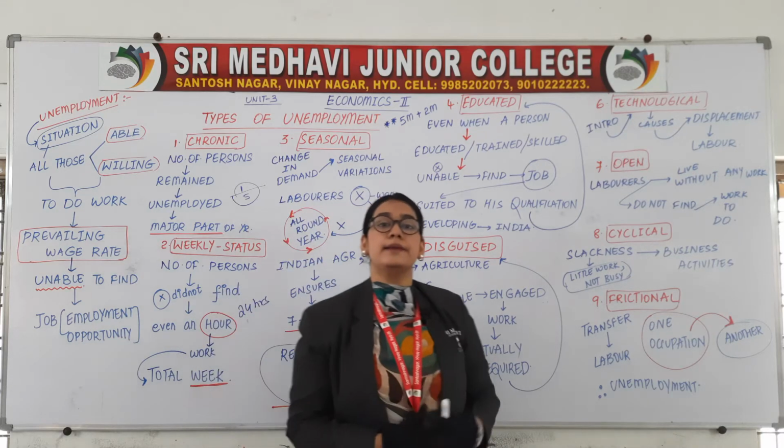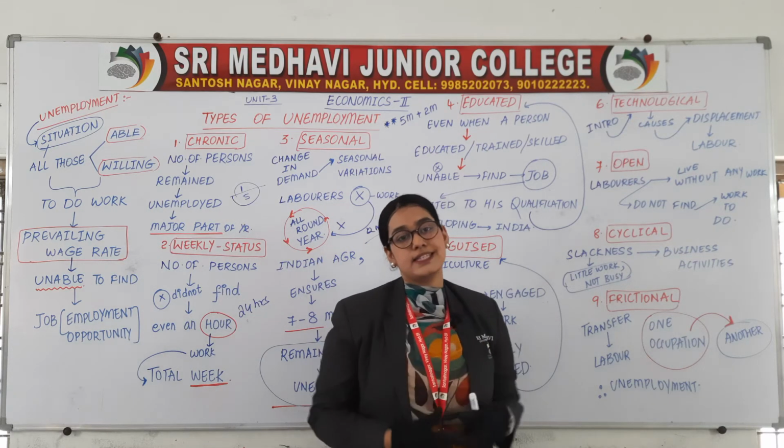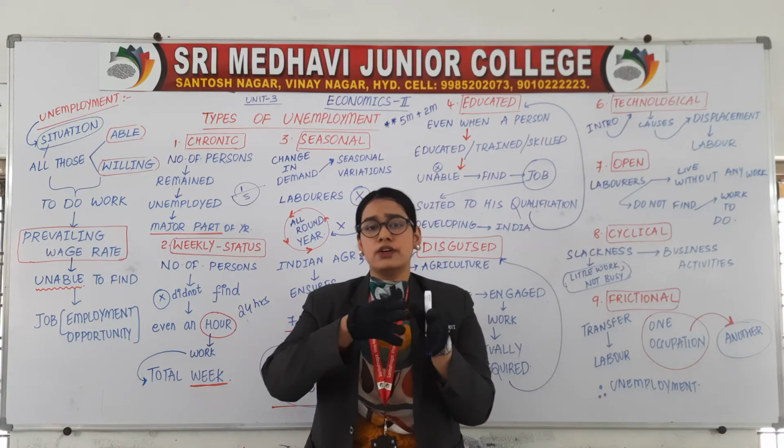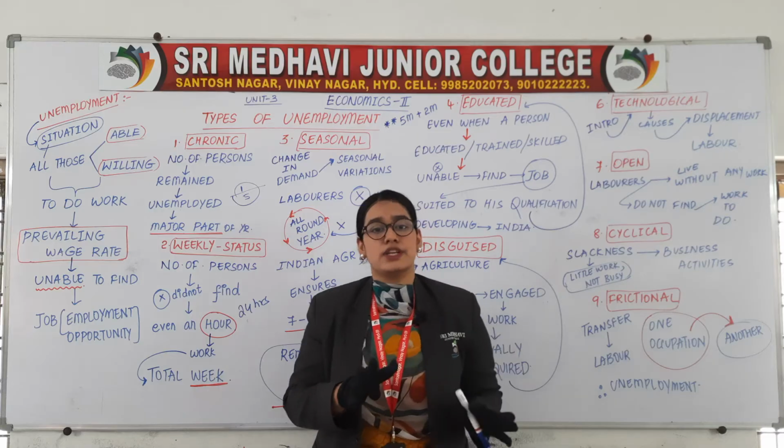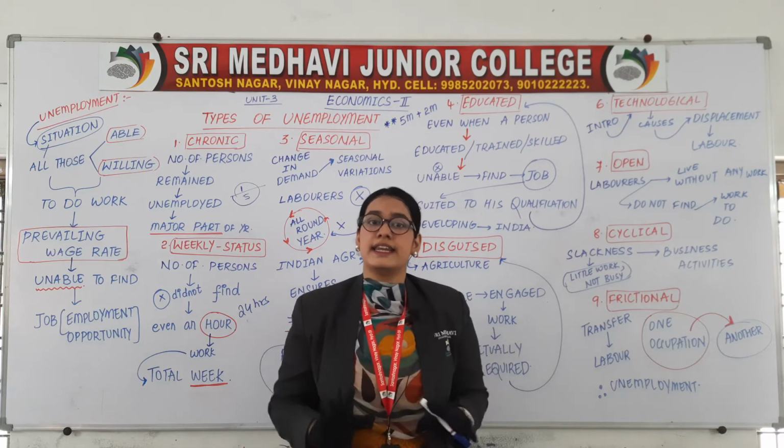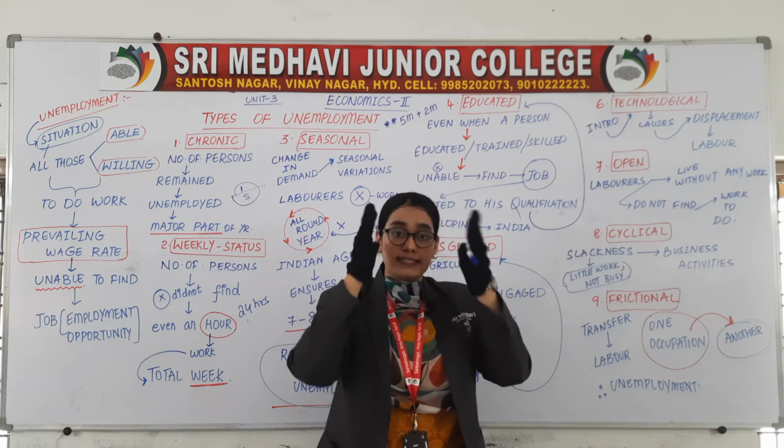For example, you have studied MPC, then you have done your BTech and MTech engineering, so you have the education, you have got certain training, and you also have skills.